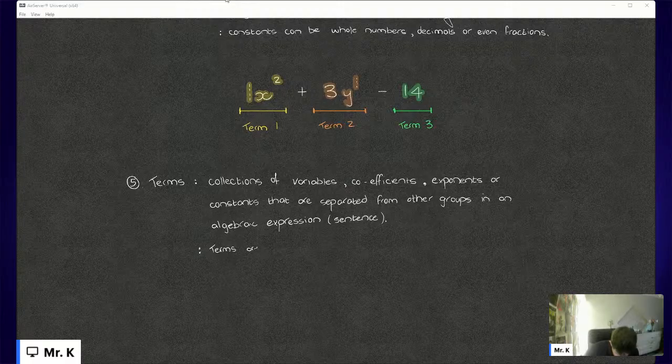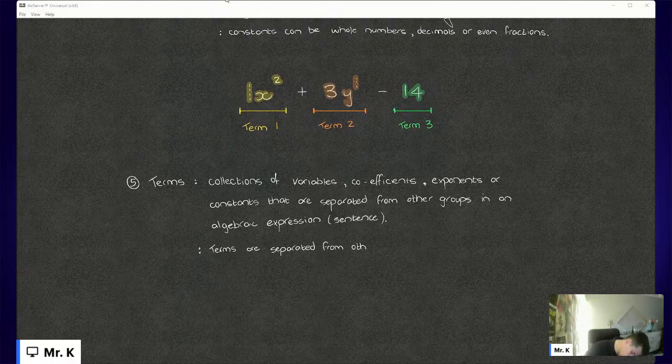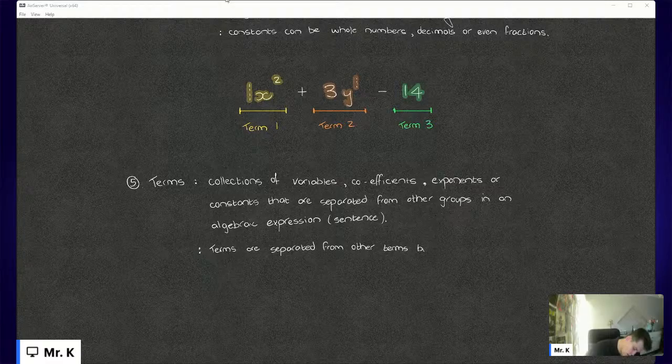Terms are separated from other terms by addition or subtraction symbols.